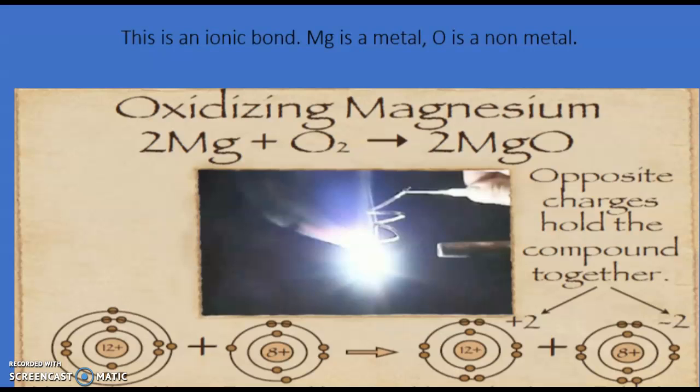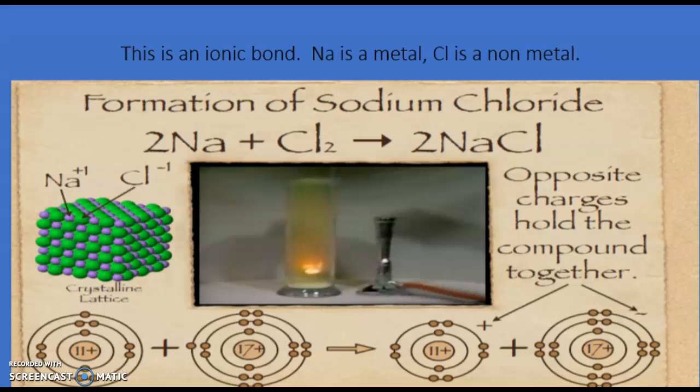So if you look at magnesium and oxygen, magnesium is a metal, oxygen is a non-metal, and so magnesium is going to give, it's in group 2, 2 electrons to that oxygen that needs 2 electrons in order to become stable. The same thing happens with sodium and chlorine.